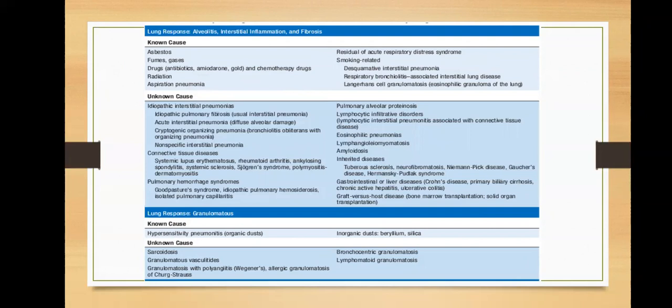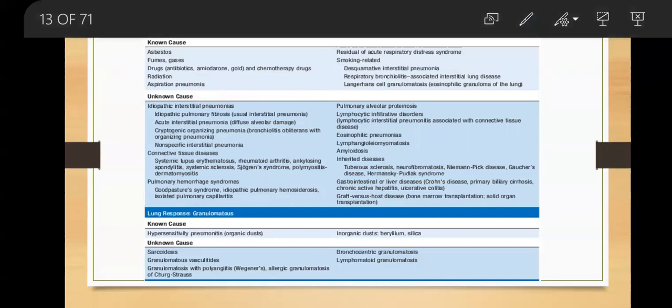The known causes of alveolitis, interstitial inflammation, and fibrosis are asbestosis, an occupational exposure to asbestos, fumes and gases, drugs like nitrofurantoin and gold, radiation, aspiration pneumonia, and a consequence of acute respiratory distress syndrome, which occurs in severe sepsis and critically ill patients.